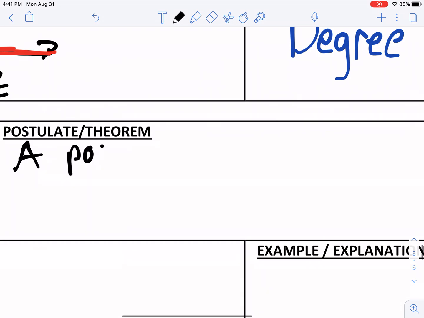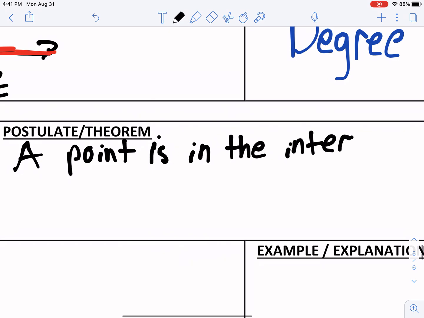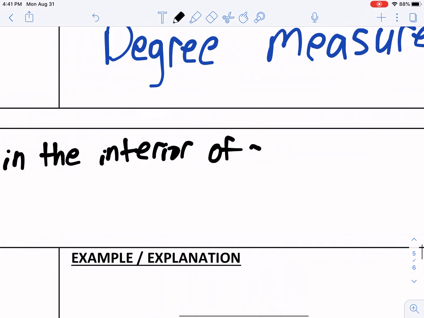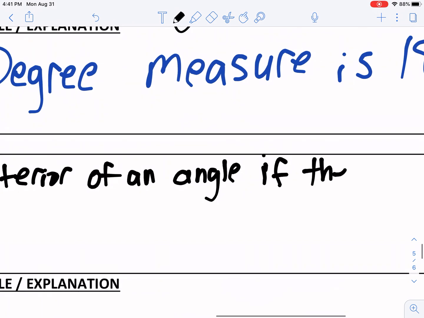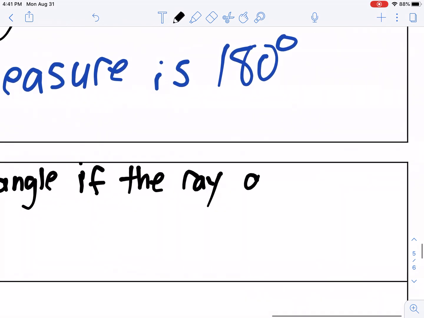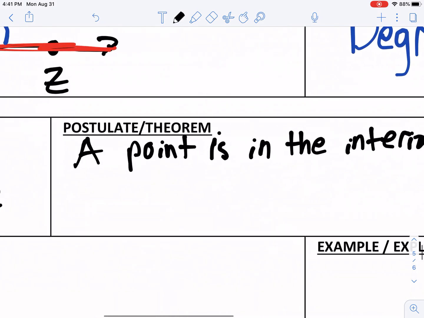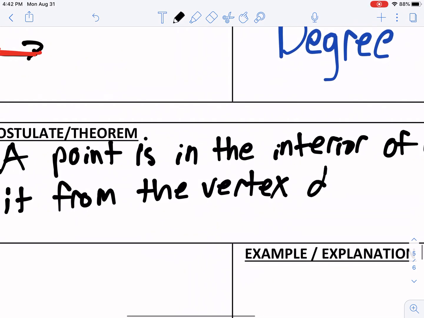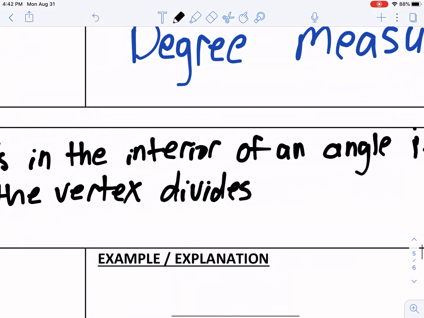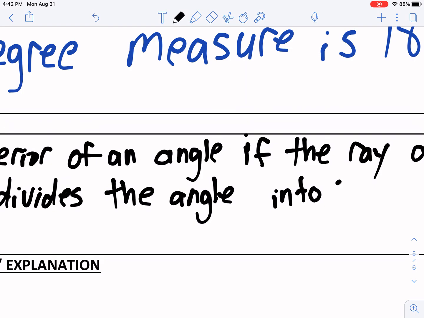A point is in the interior of an angle if the ray drawn through it from the vertex divides the angle into two smaller angles.